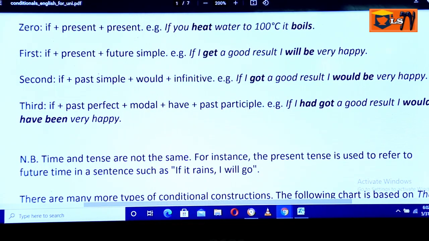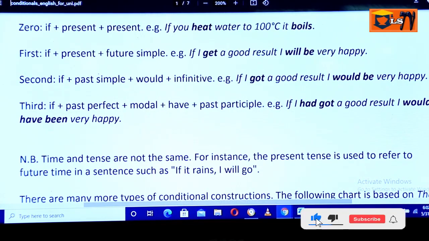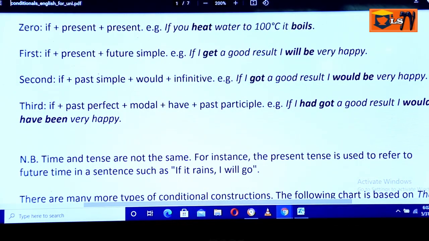But here we are talking about conditionals, when something was not true in the past. If I had got a good result means I didn't get a good result. But if I had got a good result, what would have happened? I would have been very happy. That means that I wasn't very happy because I didn't get a good result. I think you understand me.